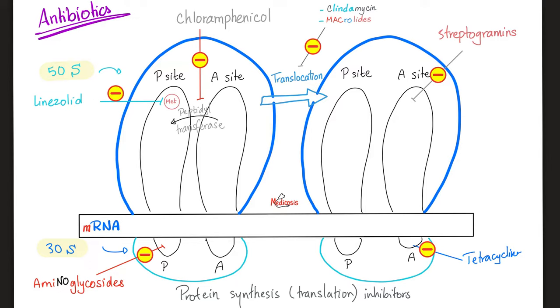There is a difference between your ribosome, 80S, and the bacterial ribosome, 70S. Your large subunit as a human is 60S, and your small is 40S. But the bacterial is 50S large and 30S small.